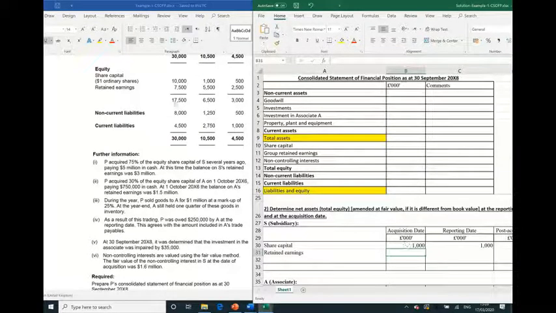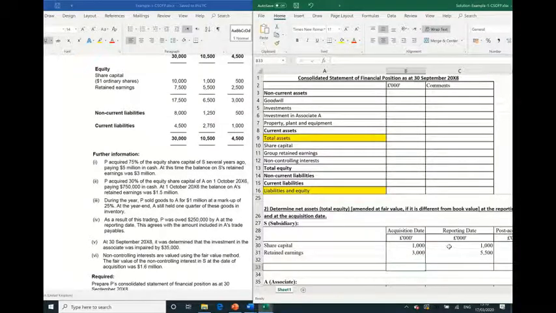For retained earnings, the retained earning here at the reporting date is 5,500. And then we have the retained earning at acquisition date, which is mentioned in further information I. It is 3 million, which is here 3,000.